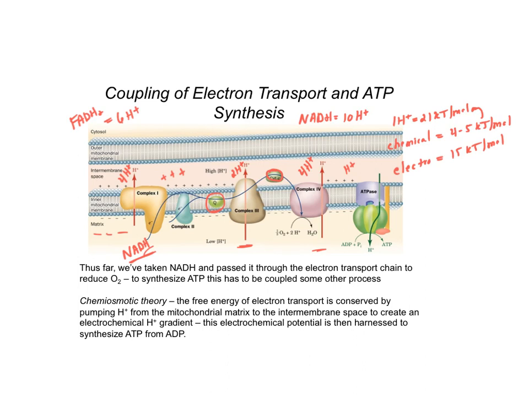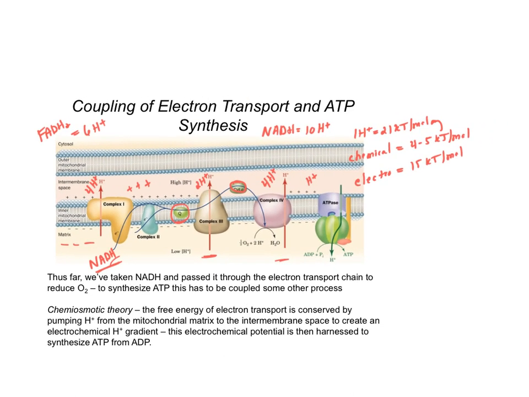Now, if we think back to when we originally started talking about this, and we calculated the energy that was going to be released in taking NADH and reducing oxygen, what did we calculate? How much energy was available in that overall reaction?